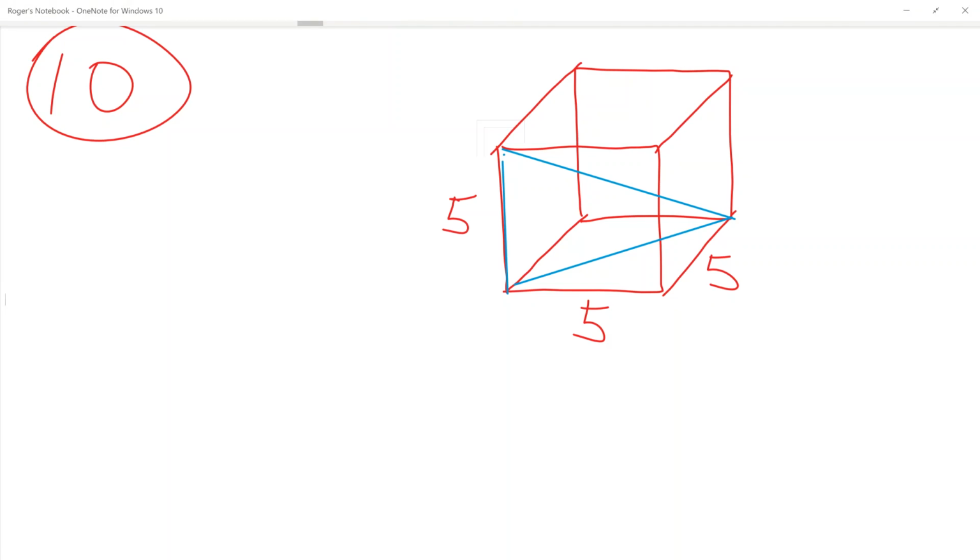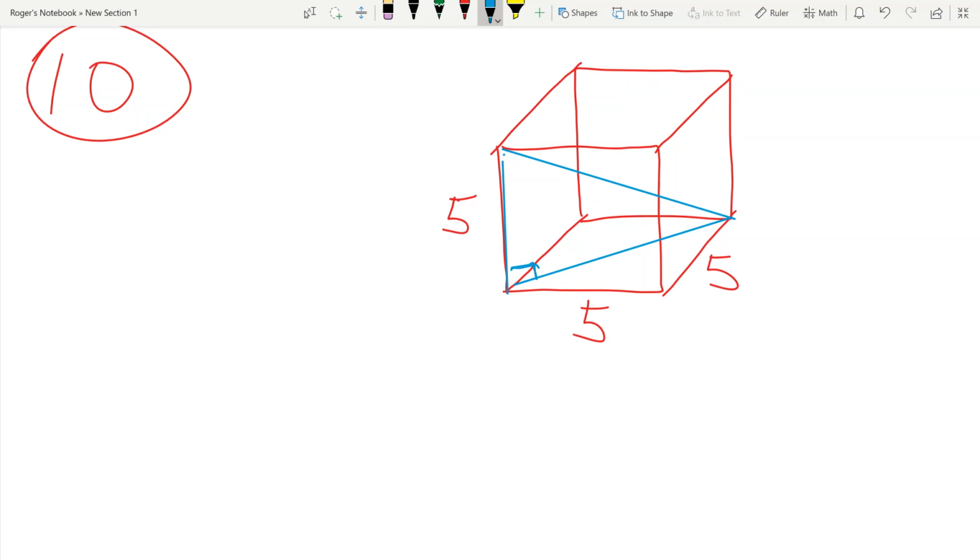The angle in the corner, as I've already mentioned, is a right angle. So 5 is our height, and we need the diagonal across the base, which is going to be equal to 5 times the square root of 2. Why do I know that? Because look at the relationship here, 5 and 5.